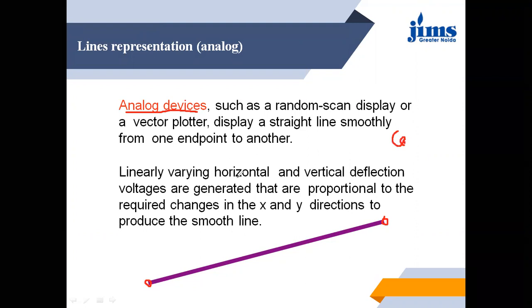Linearly varying horizontal and vertical deflection voltages are generated that are proportional to the required change in the x and y direction to produce the smooth line. Means in analog devices, when we have to draw an image, especially a line, that is a smooth line.